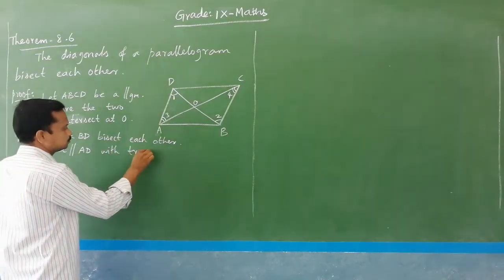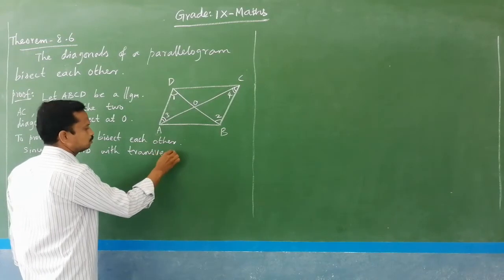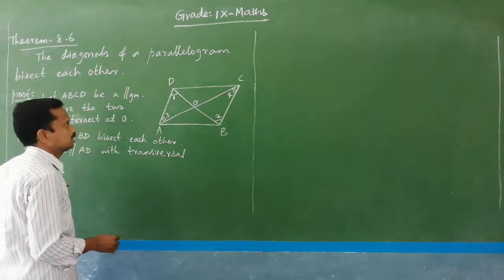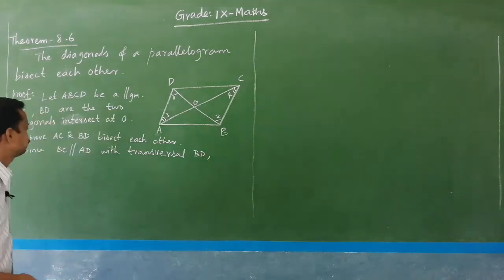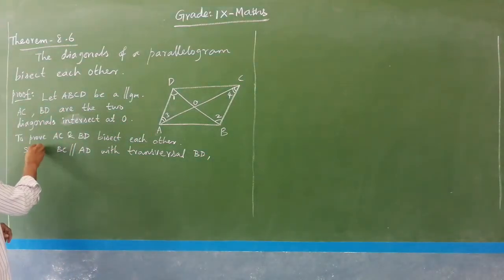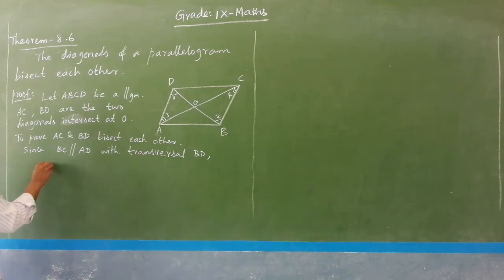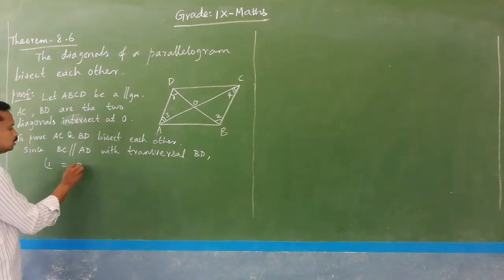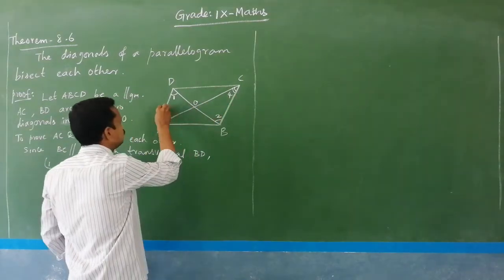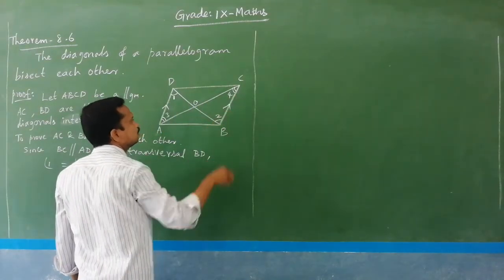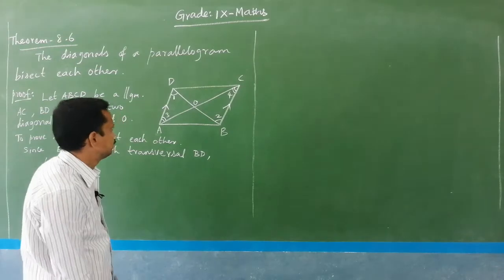Since BC is parallel to AD, with BD as the transversal, we can take angle 1 equal to angle 2, because these two are parallel. Parallel means you can use the symbol like this. In a parallelogram, opposite sides are parallel.